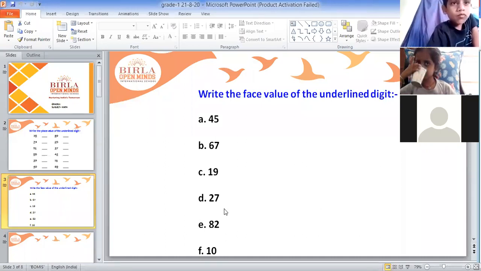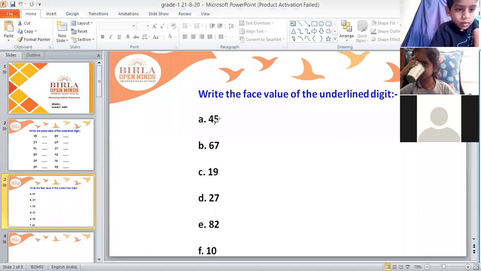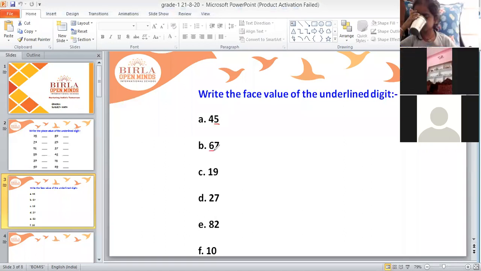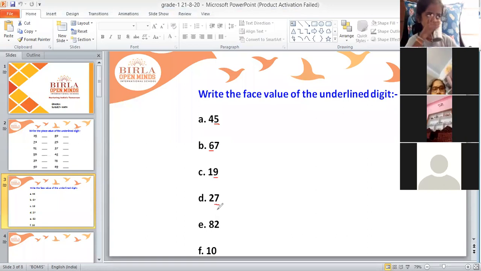I will give you 1 minute, and I am underlining the numbers now. And you have to underline the number also. Yes, children, start writing quickly.